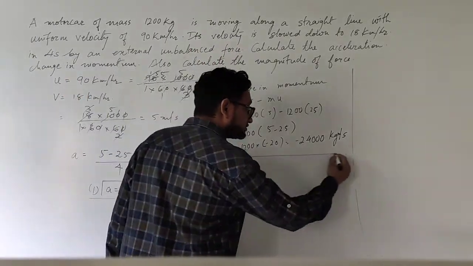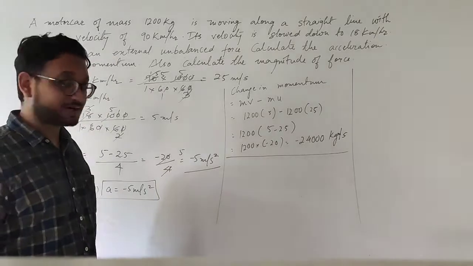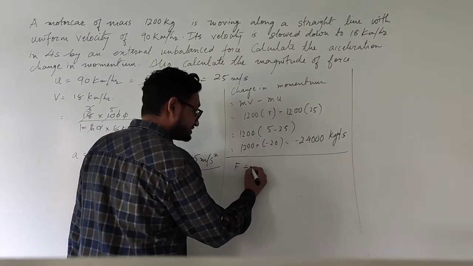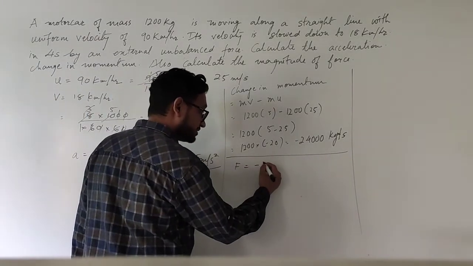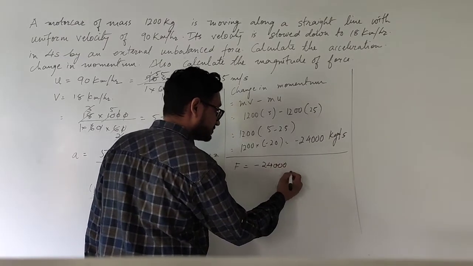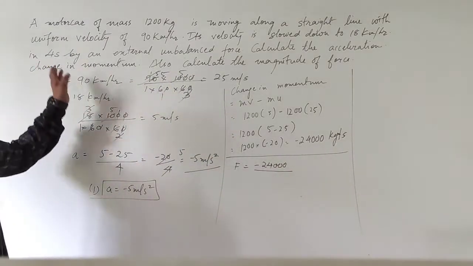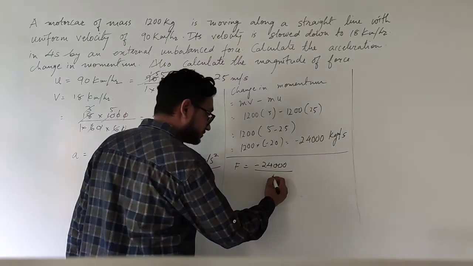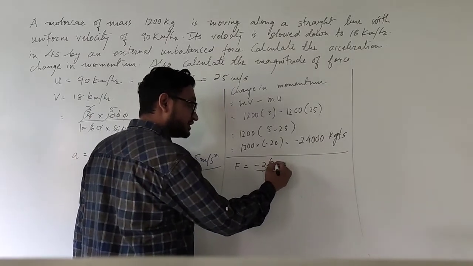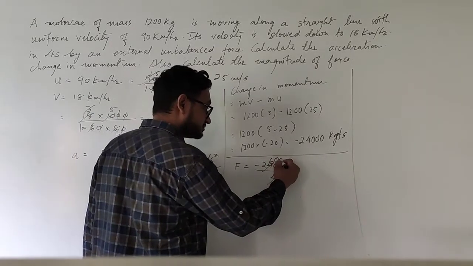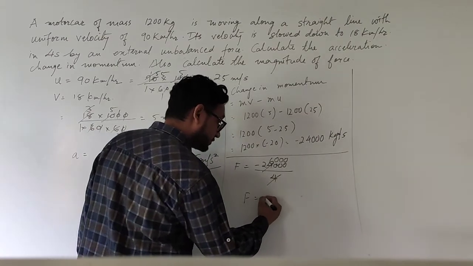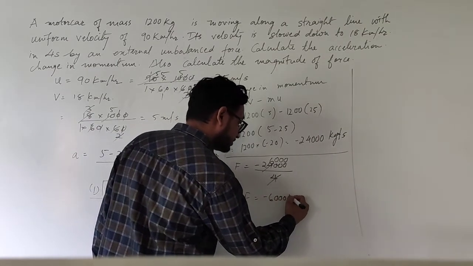So we are going to solve it over here because it's quite simple. F is change in momentum. What is change in momentum? Minus 24,000 upon time taken, that is 4 seconds. Simple. So 4 6s 24 and 3 zeros. So your answer is F is equal to minus 6000 newtons.